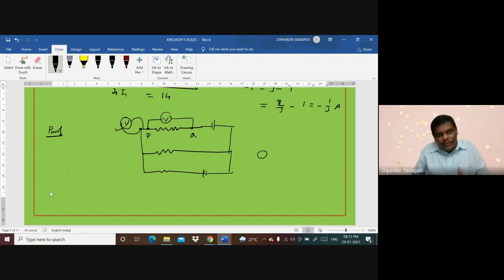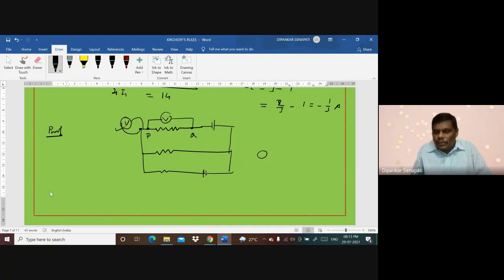Therefore, going round the closed circuit, the net potential change will be equal to 0, because the net work done to bring a unit charge from one point to the same point is always equal to 0.